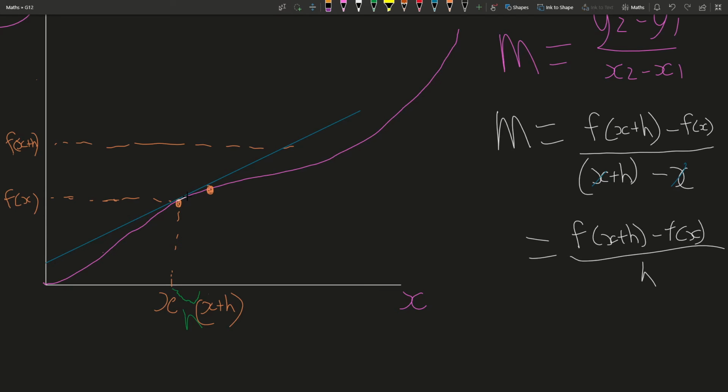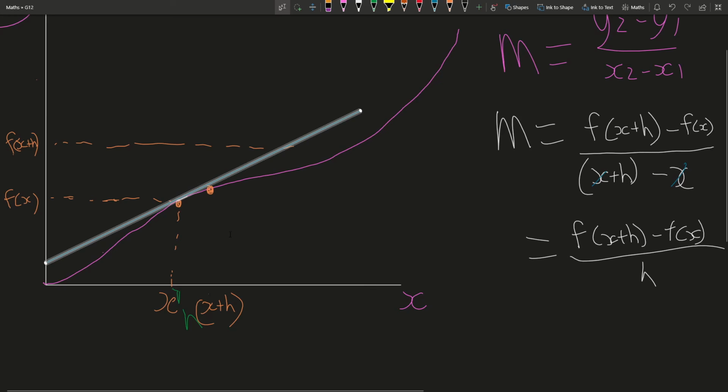It looks just exactly parallel to that line now, doesn't it? It looks almost exactly the same as the blue line. So the closer and closer we get, as we start getting so very close that h is almost 0, the distance between the 2 points is absolutely tiny, we're going to find that we get this blue line.